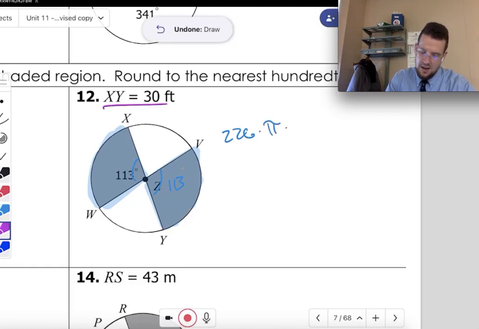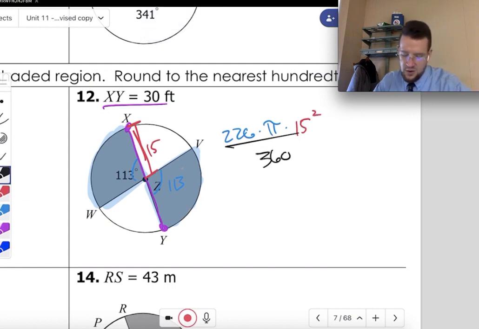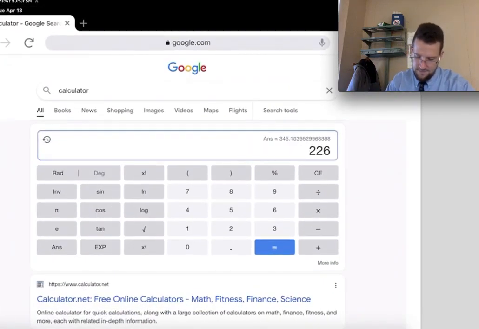Hold on, wait a second. XY is the whole thing, so we don't want that. We just want the radius, which is half of it. The radius here is going to be 15, so this is 15 times 15, 15 squared, divided by the whole way around the circle, which is 360. 226 times pi times 15 times 15, the top of the fraction, divided by the bottom of the fraction, 360.